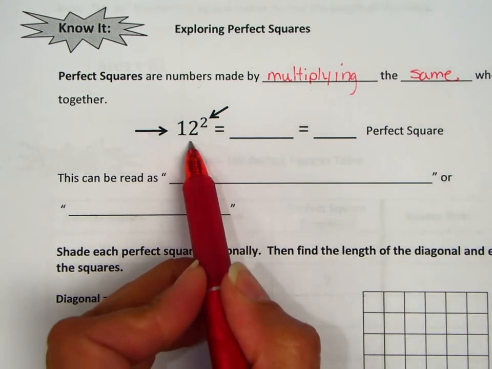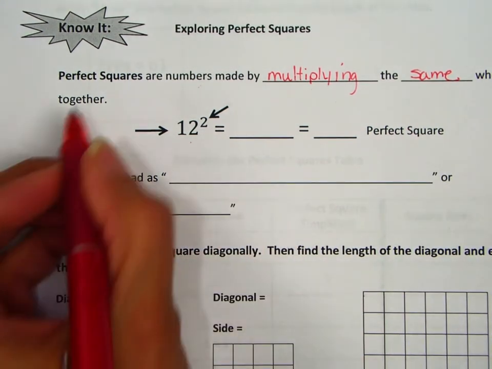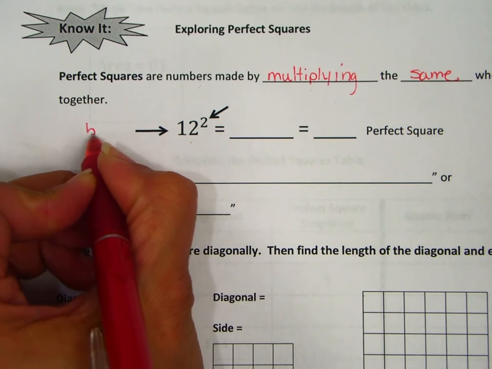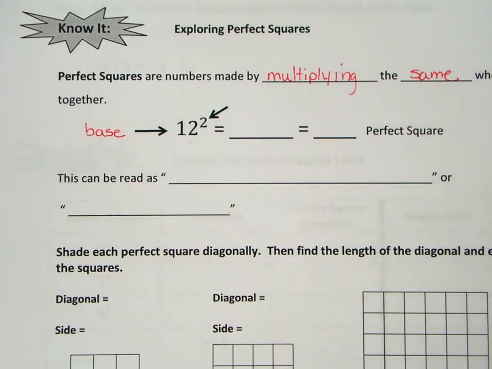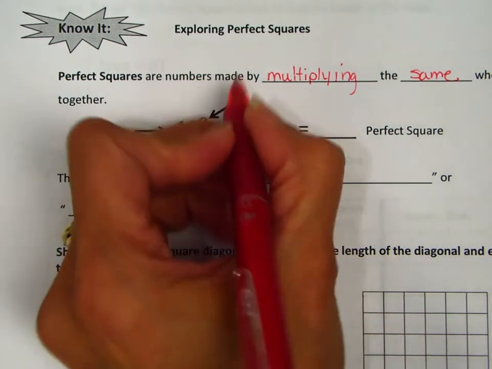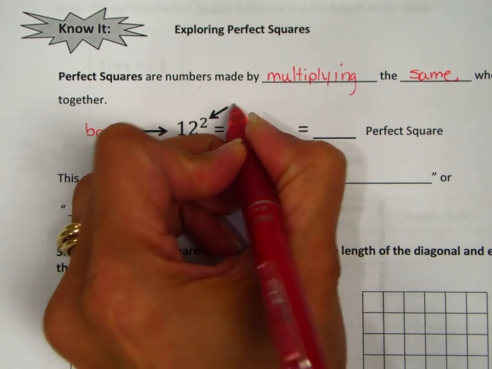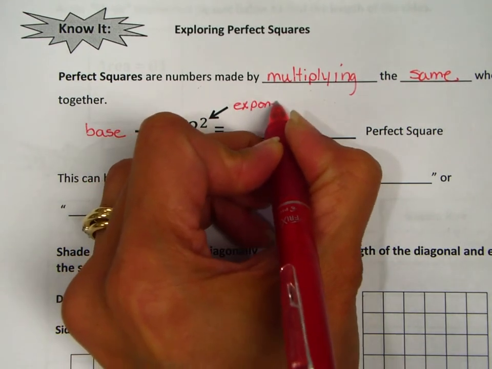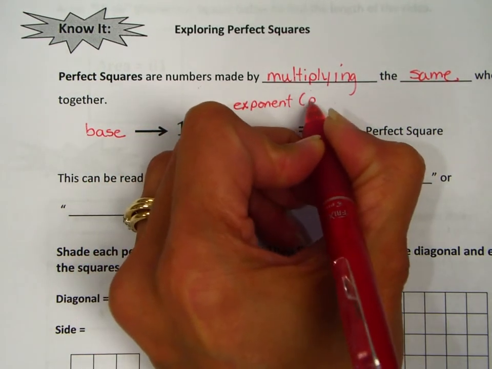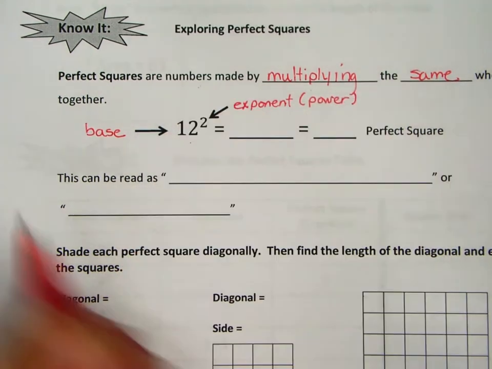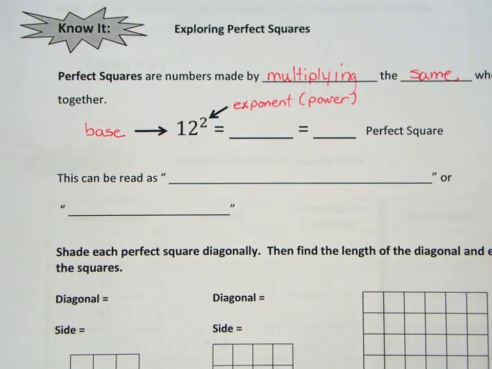So looking at 12 to the second power, first of all, let's label our parts. The 12 is the base, and the 2 is the exponent. It's also called the power. And so when we talk about a perfect square, again, it's an exponential form.